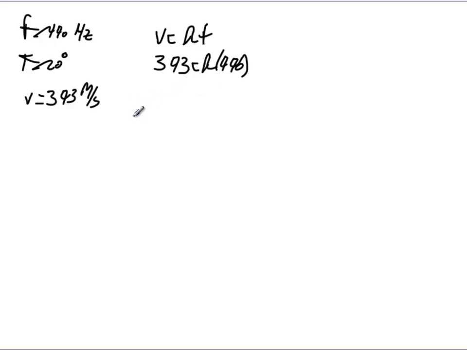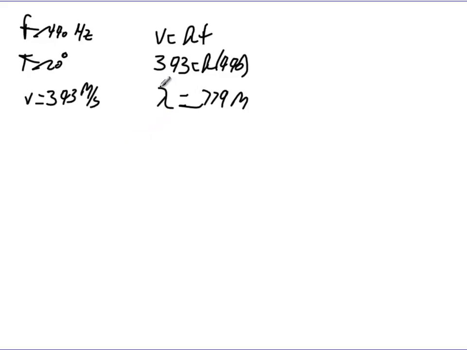Let me double check my math on that. 343 divided by 440, yeah, 0.779. So the wavelength of this wave is 0.779 meters, and it wants us to find the distance between the spacings, or the distance between the resonances. We've got to stop and think.